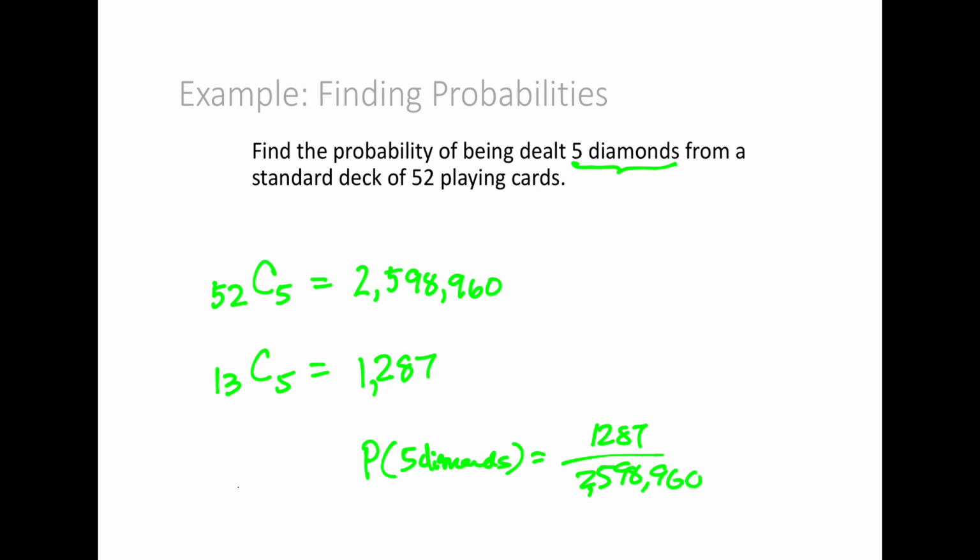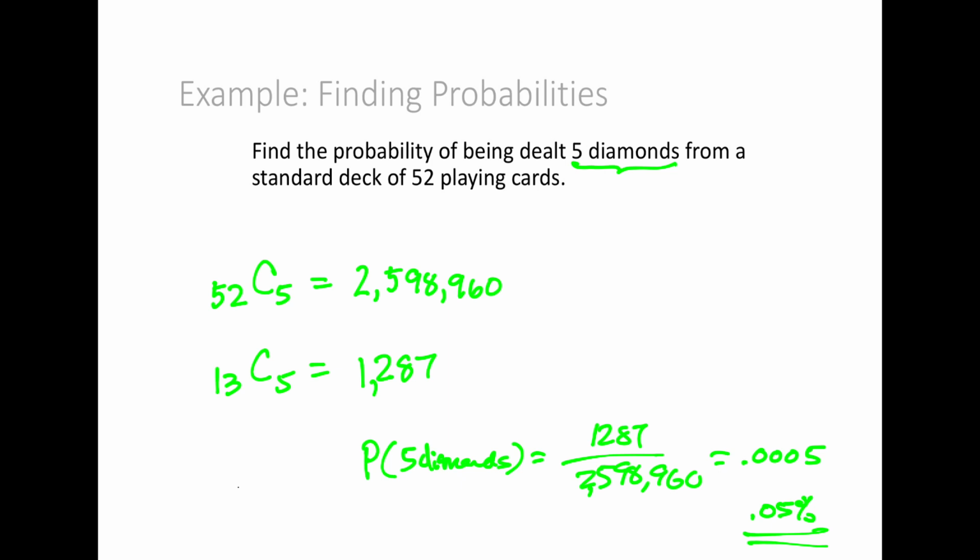So dividing these two things by each other, we get 0.00050, which is 0.05%. So 5/100ths of a percent chance, way less than 1%, chance that I would get 5 diamonds in a row.